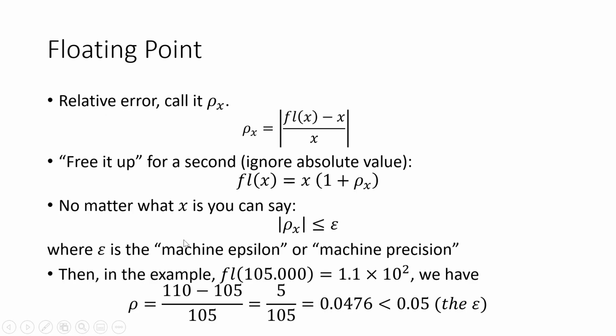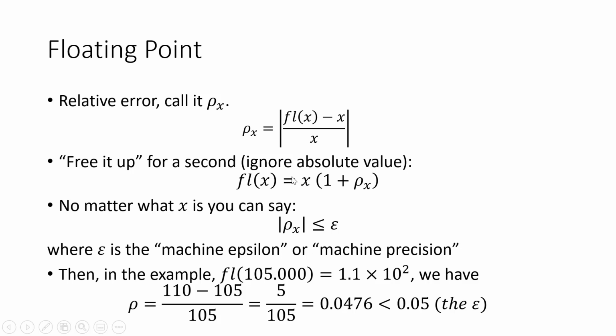In the rounding, the relative error of the rounding, I'll call rho sub x, and ordinarily you show it as an absolute value, so it would be the floating point result minus the true value divided by the true value. I like to free it up for discussion purposes in investigating errors.